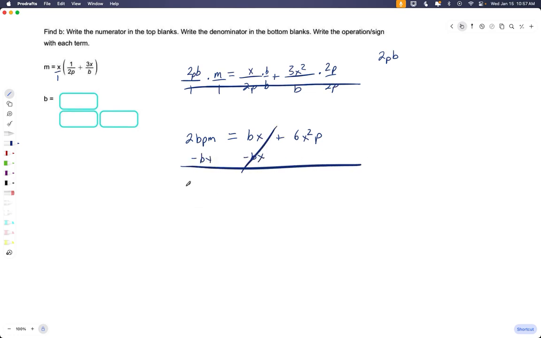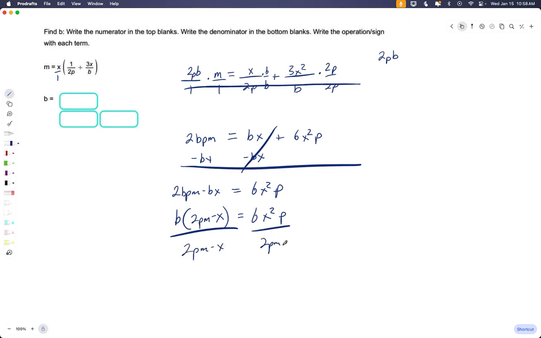This cancels. So 2bpm minus bx equals 6x squared p. b times 2pm minus x is equal to 6x squared p. Divide both sides by 2pm minus x. So then these would cancel.